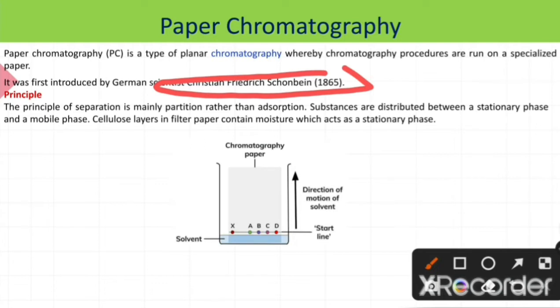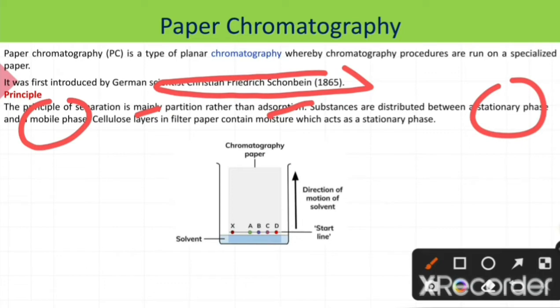The principle of paper chromatography is totally based on partition, not on adsorption. And whatever substances are going to be distributed in paper chromatography are based on the stationary phase and the mobile phase. We can see this in this image.